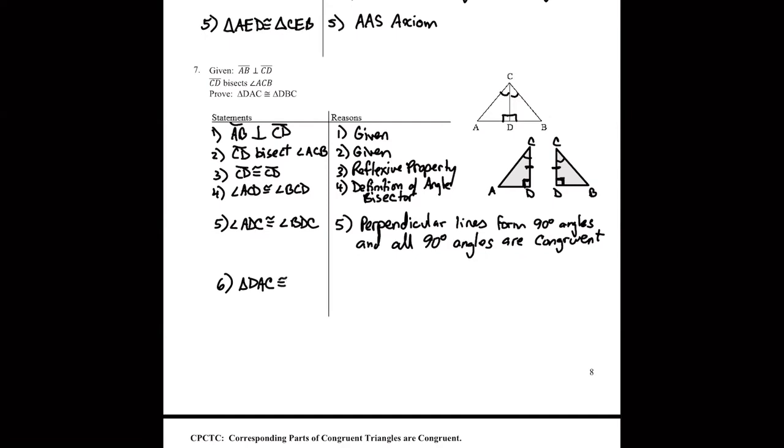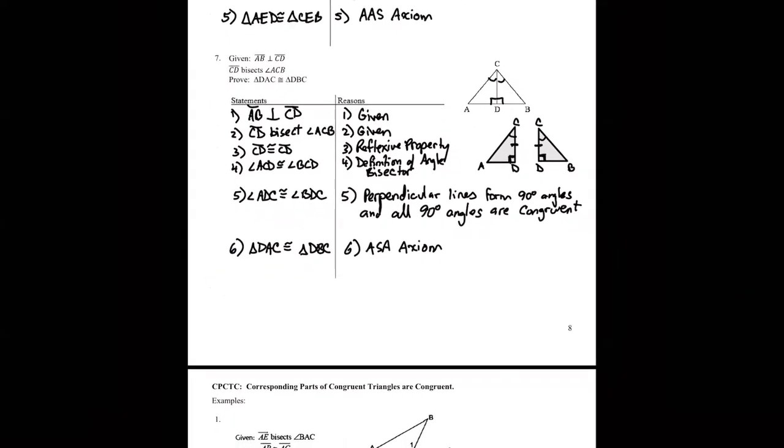So triangle DAC is congruent to triangle DBC, and that's by the ASA axiom. Right, so every statement gets a reason. One of those reasons is going to come from the table in some capacity. It's just a question of how.